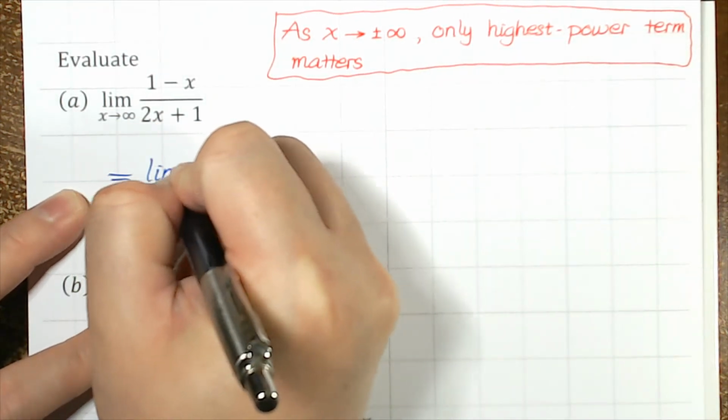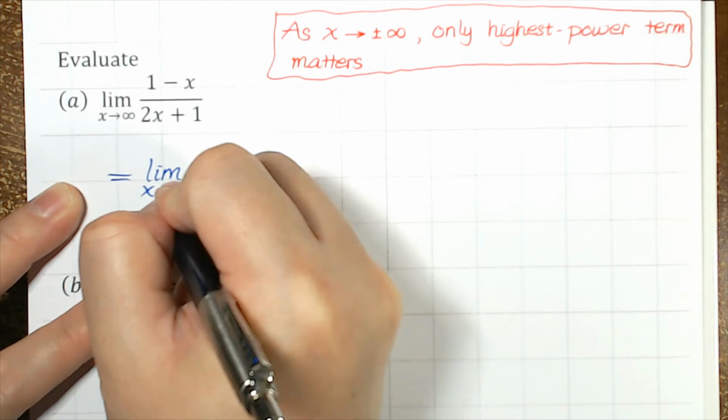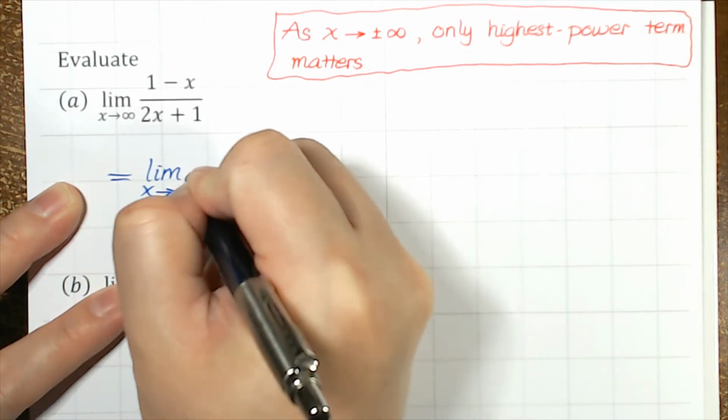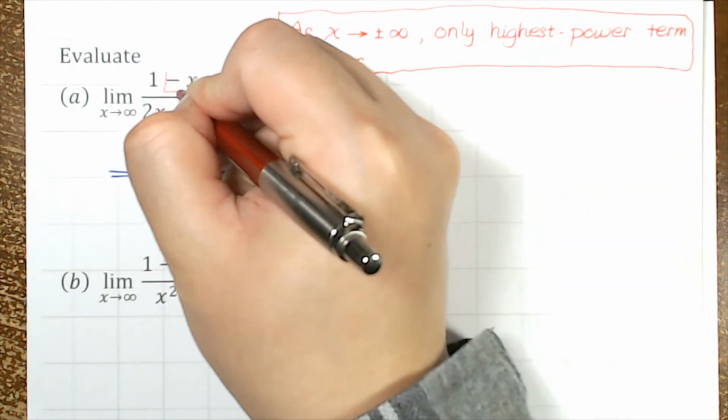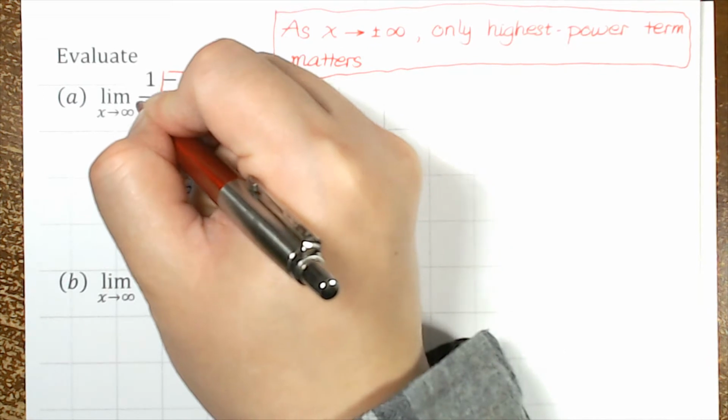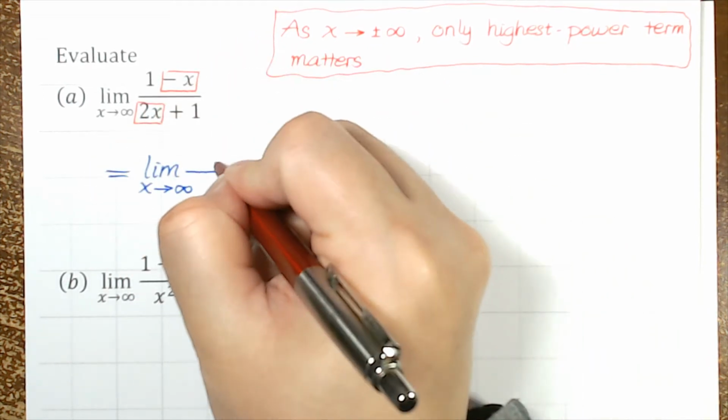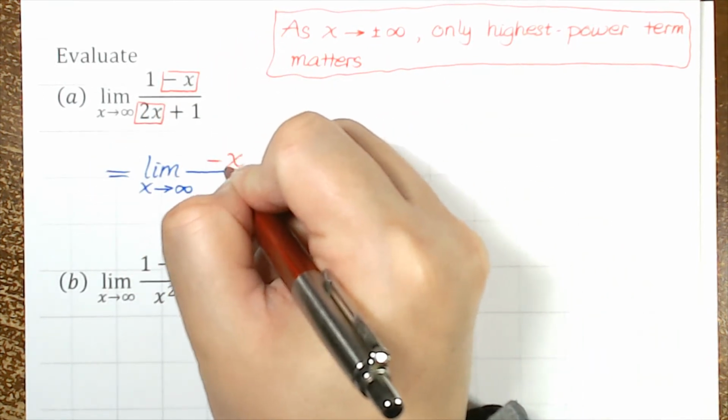So first, we have the limit when x goes to infinity. We will take the term with the highest power, which will be negative x, and then 2x. Highest power.